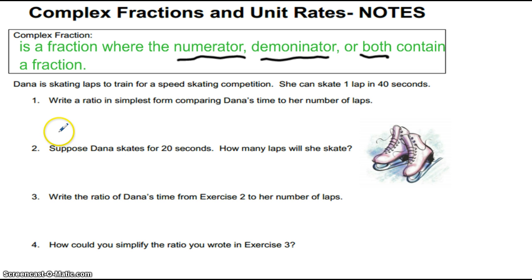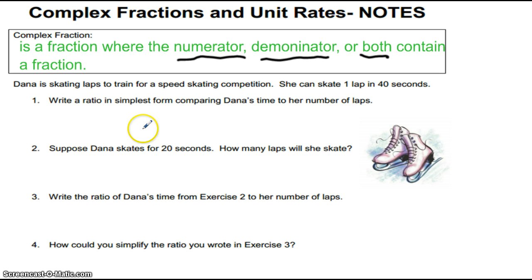We have Dana, who is skating laps to train for a speed skating competition. She can skate one lap in 40 seconds. Write a ratio in simplest form comparing Dana's time to her number of laps.